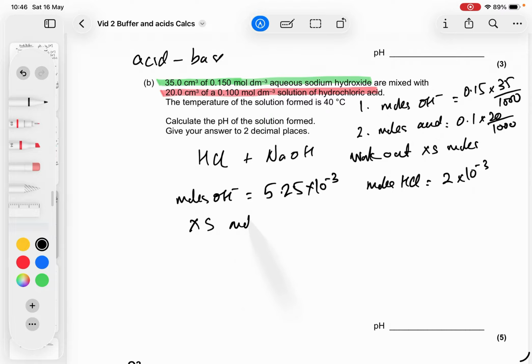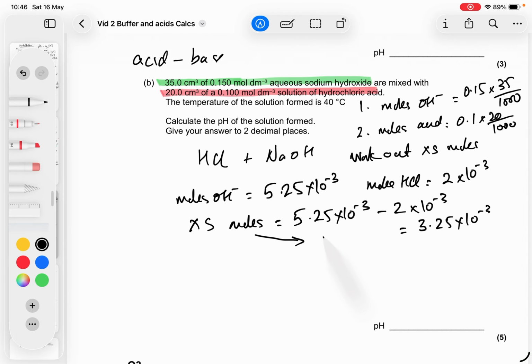So the excess moles is of course 5.25 times 10 to the minus 3 minus 2 times 10 to the minus 3, which comes to 3.25 times 10 to the minus 3, and the excess moles is hydroxide. So now the new concentration of solution. The question says, calculate the pH of the solution formed.